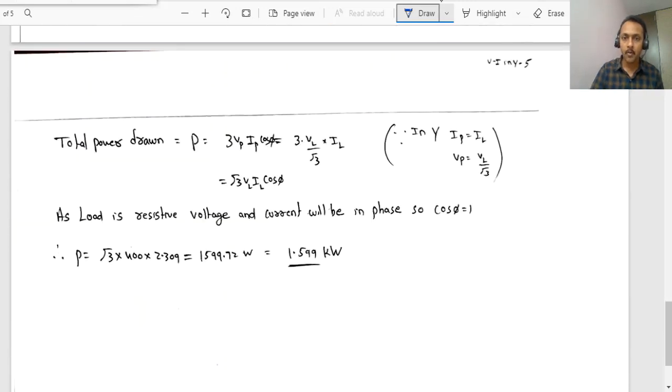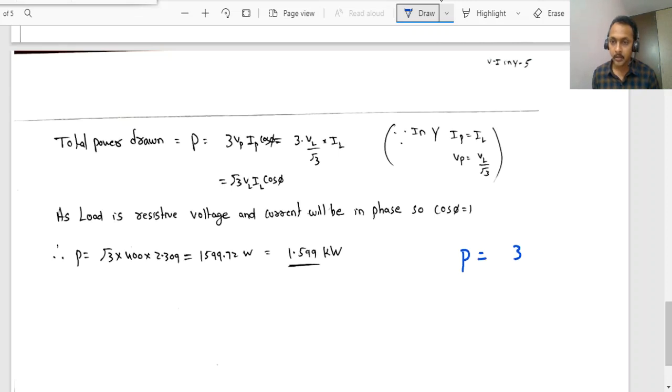Now what will be the power? 3 phase power, 3 times V phase I phase cos phi. Clear? Dear students, please remember this formula, very important.